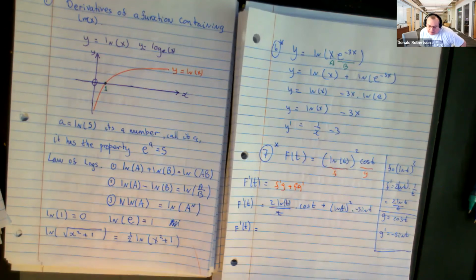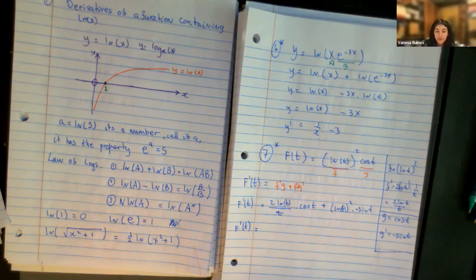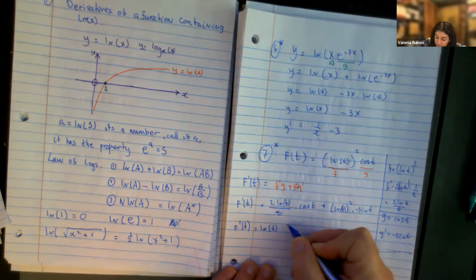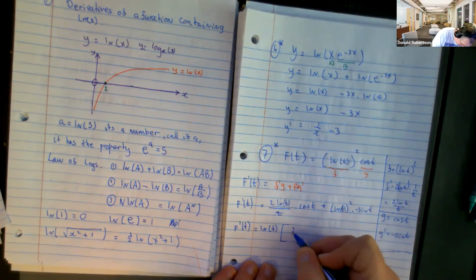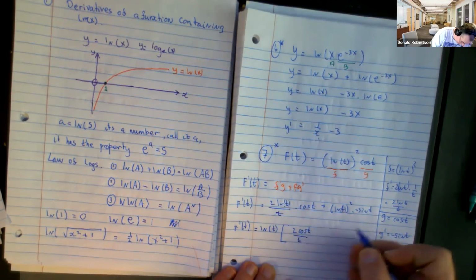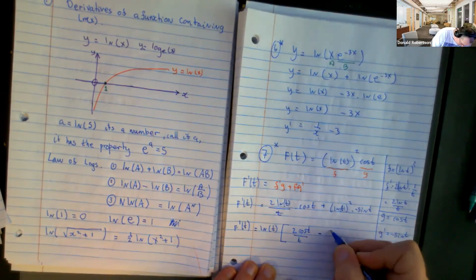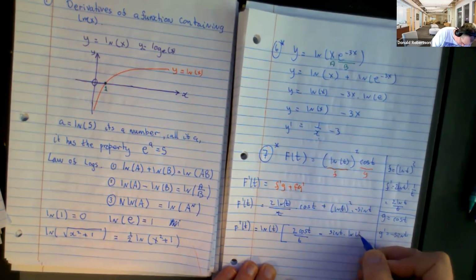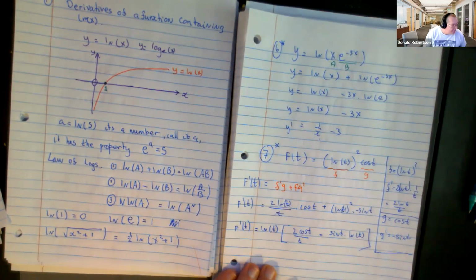Can you see even a little common factor? Natural log of t. And so you pull that out. It's not going to make it that much better, but it is a little bit better. So here are the terms that are left. It's going to be a negative here. It's going to be a sine t and a log t. And that's you finished.